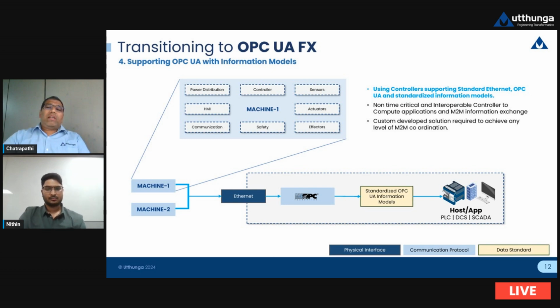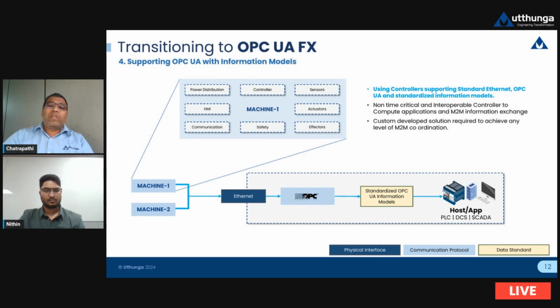So there are several standardized information models already there for machines, and even within the machining industry, there are several applications. So for each of these types of machine, the profiles and information models have been standardized.